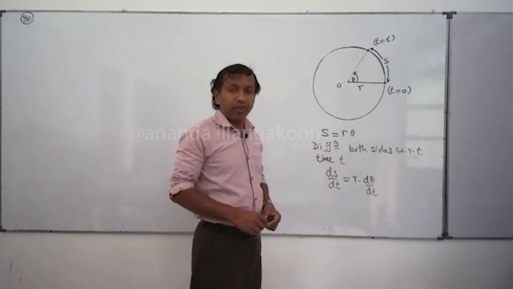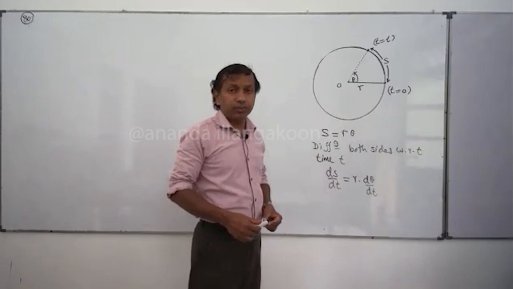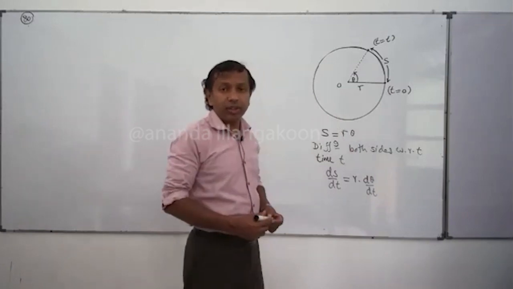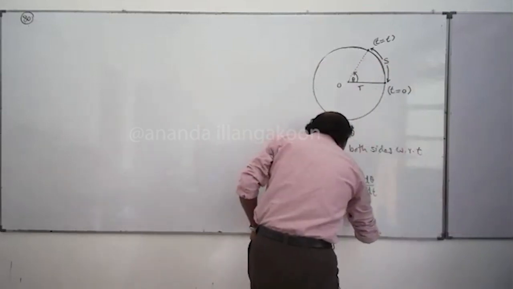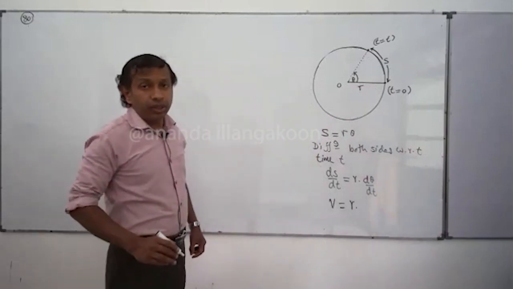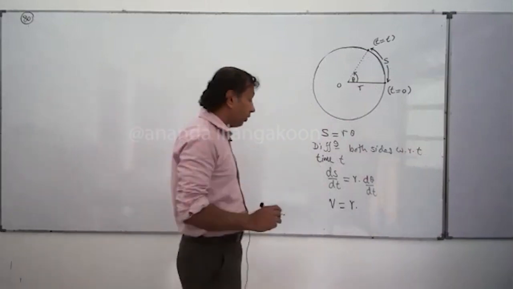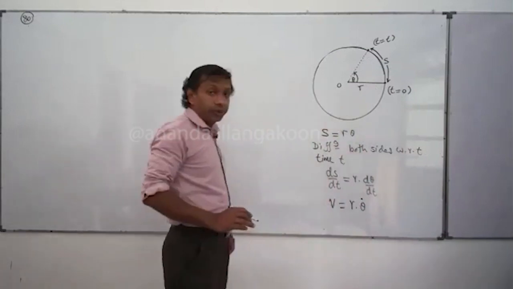In 1 second, the change of arc length. That is the tangential velocity v. R times d theta by dt, which we denote by theta dot.